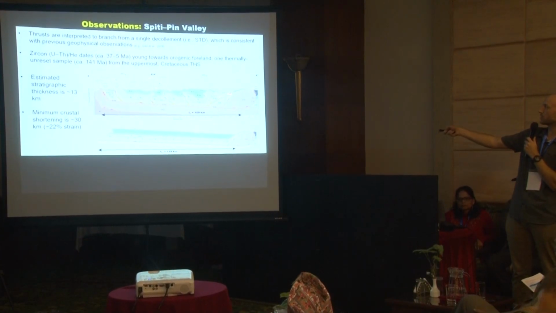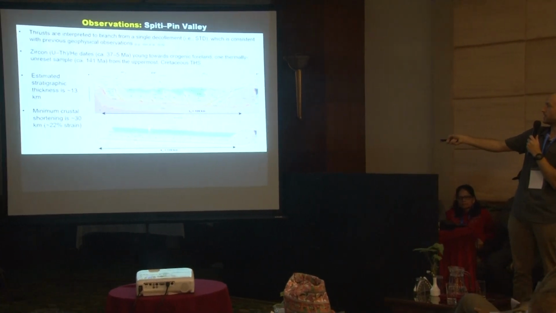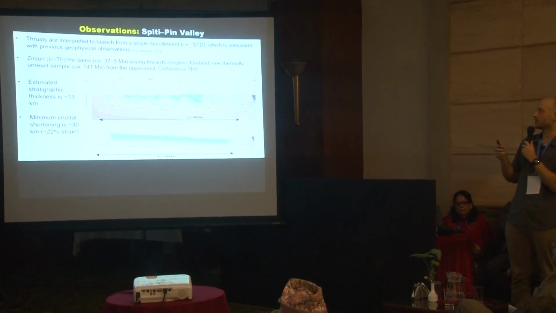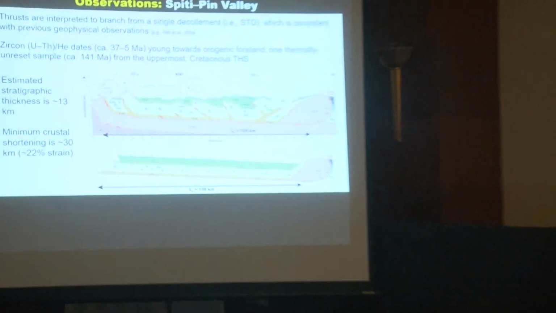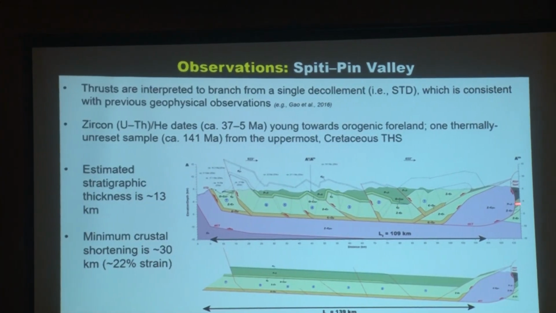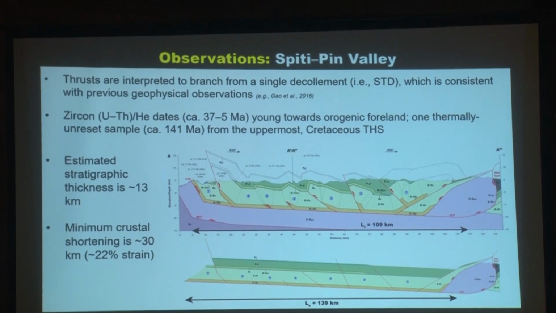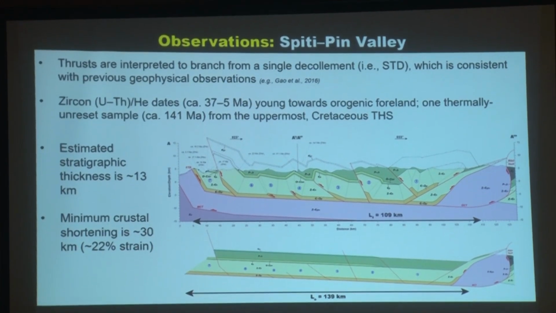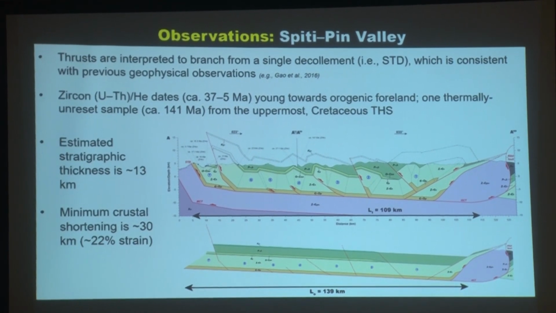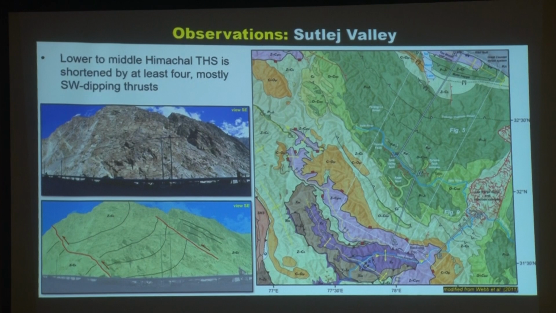Now, based on the reconstruction of this cross-section, you can see down here, the stratigraphic thickness we interpret is about 13 kilometers, which is relatively consistent with that 10 kilometer estimate. And then the minimum crustal shortening across the Tethyan Himalayan sequence there is 30 kilometers or 22% strain. Again, this is a minimum. There is internal shortening in these rocks, and I'll show that here in a bit.